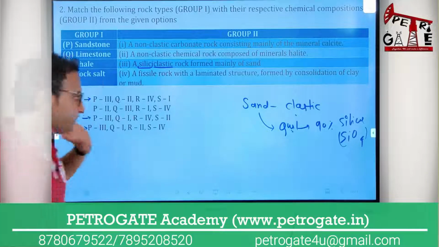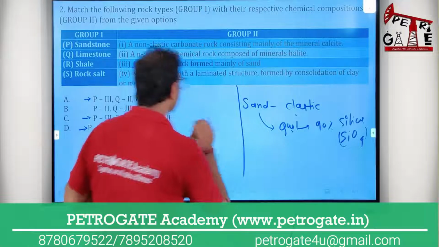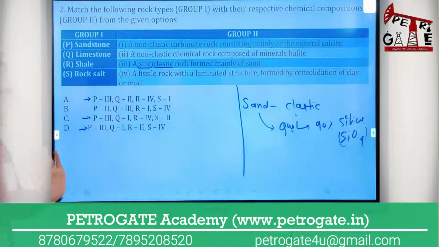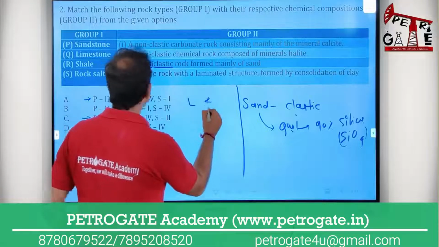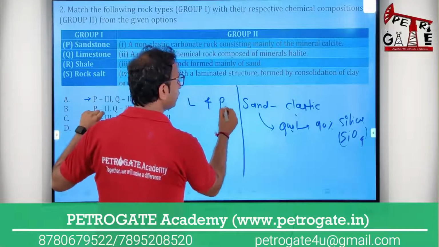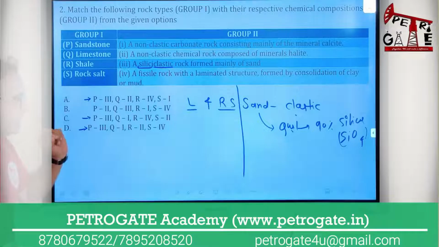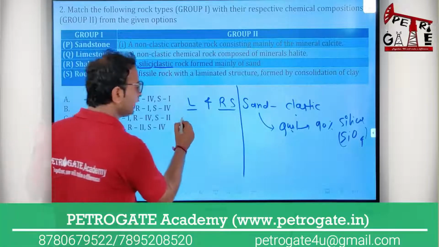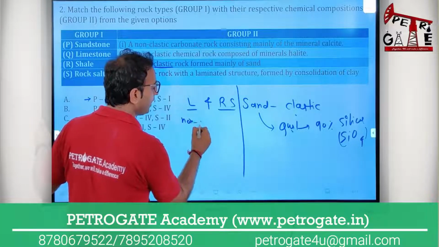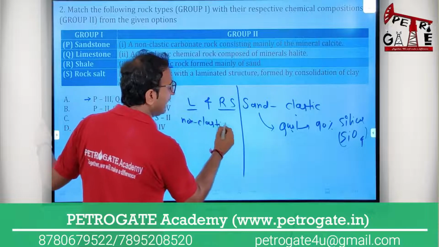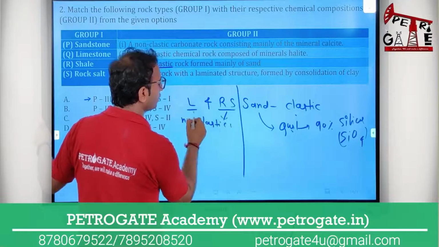No problem. The next one is limestone and rock salt. Rock salt we have seen in my previous PYQ series. Limestone is also a non-clastic rock, and rock salt is also a non-clastic rock.